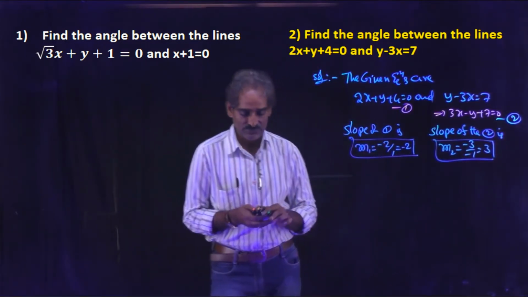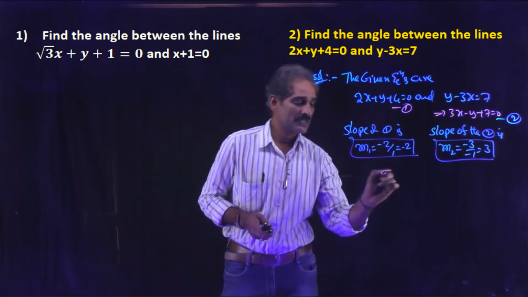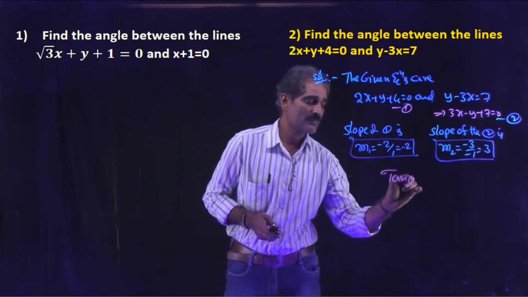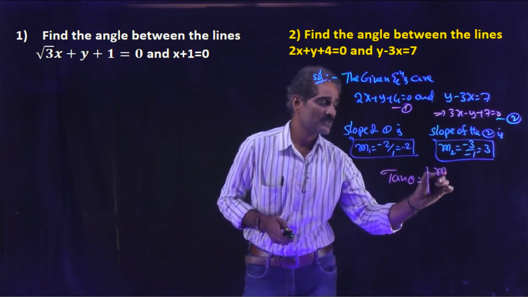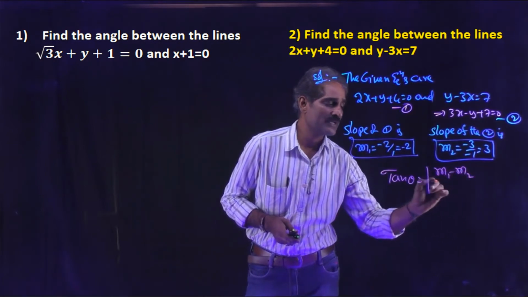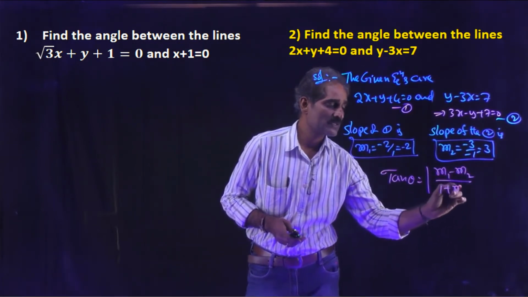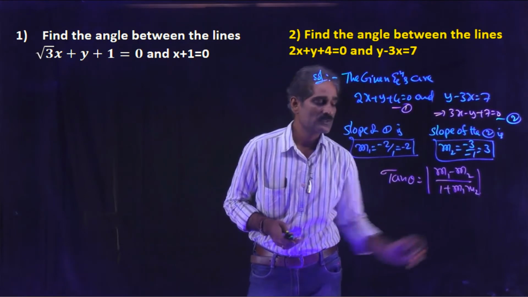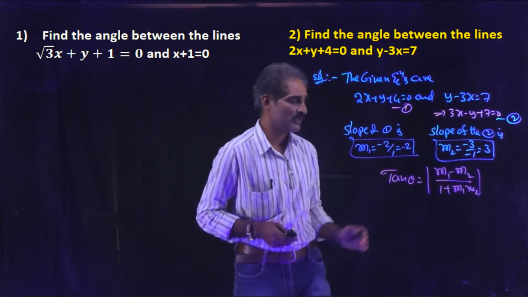What is the formula for tan theta? Tan theta is modulus of (m1 minus m2) by (1 plus m1 m2). Just substitute the values of m1 and m2.